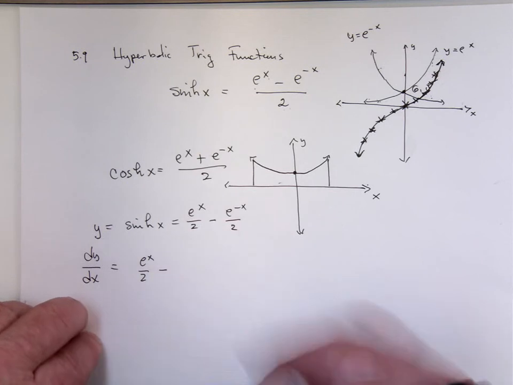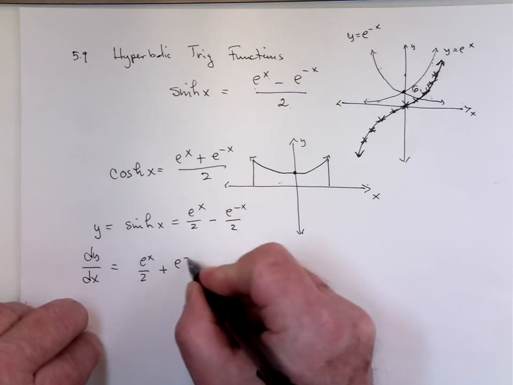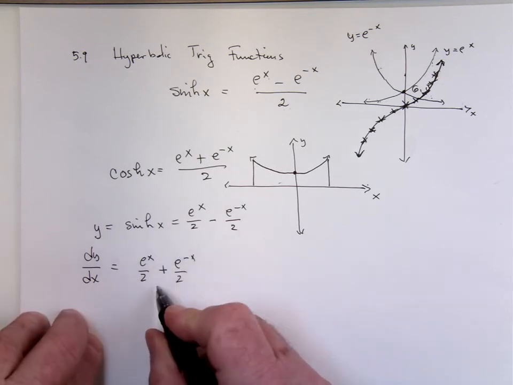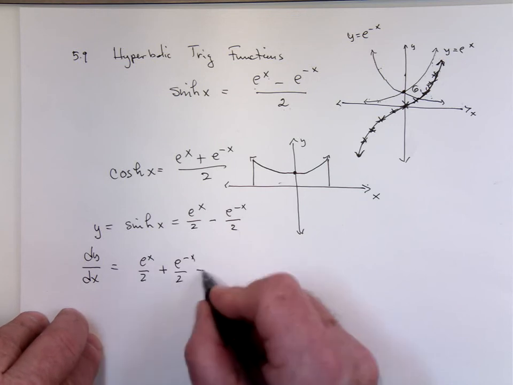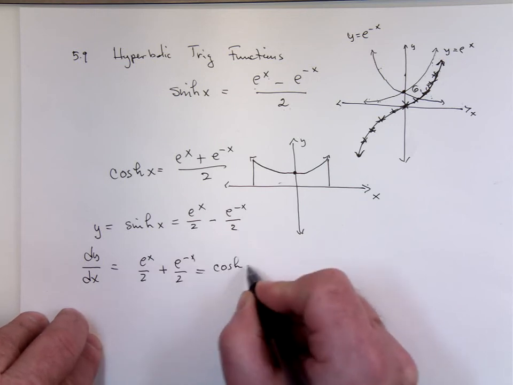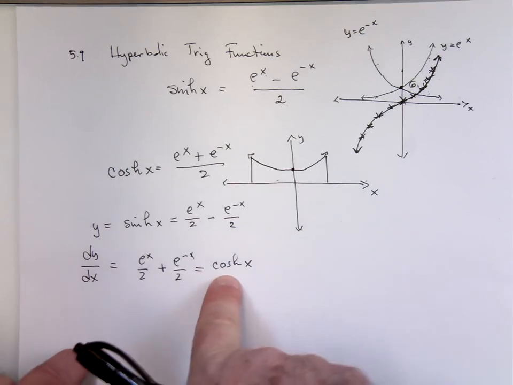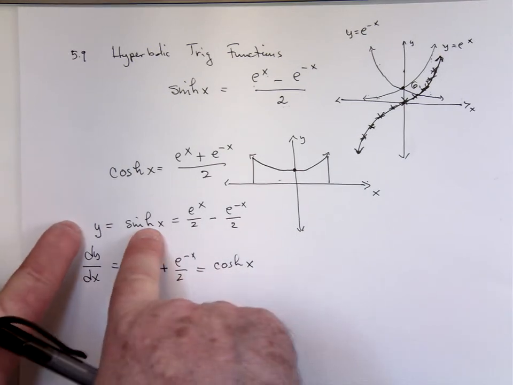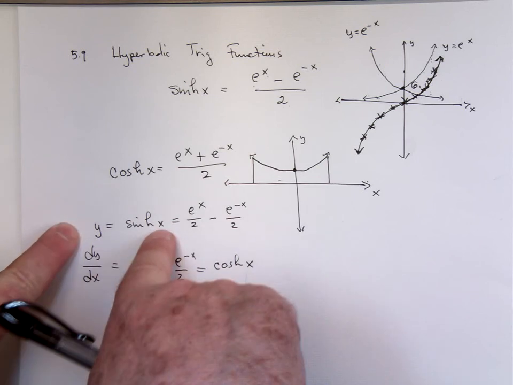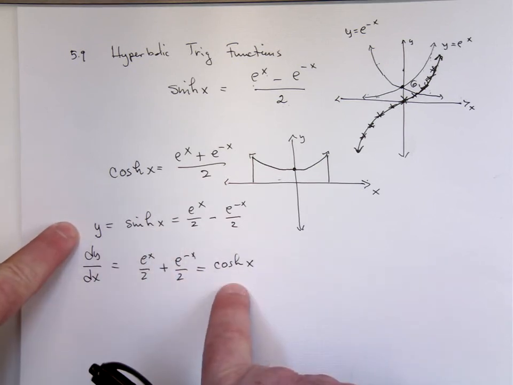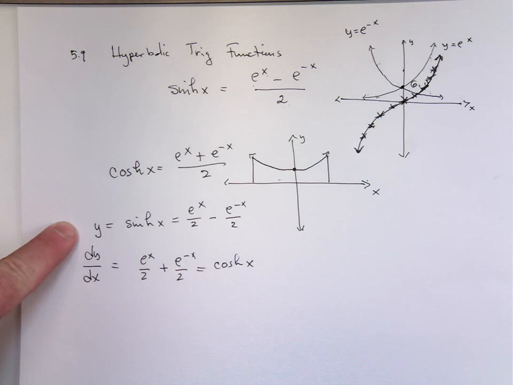Well, what's this equal to? That's cosh. In a way. That's cosh, okay? So the derivative of sinh is cosh, okay? Derivative of sine, cosine. Nice. Let's do cosh.